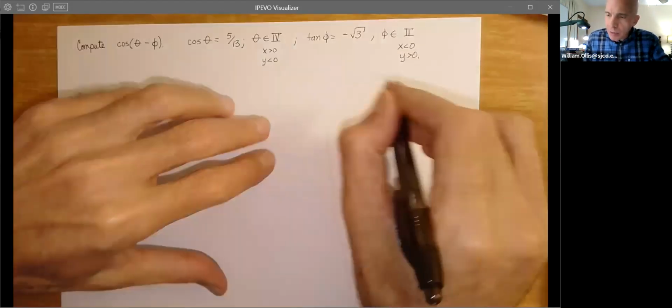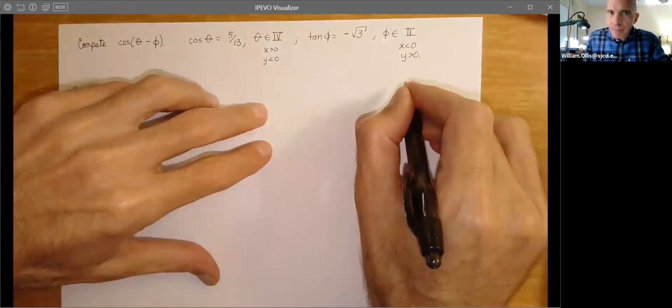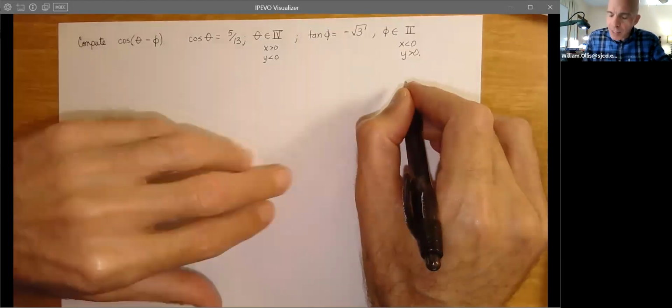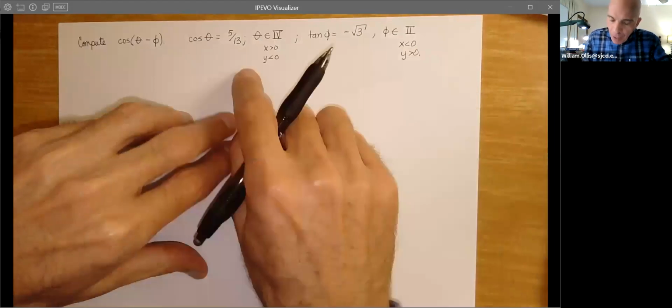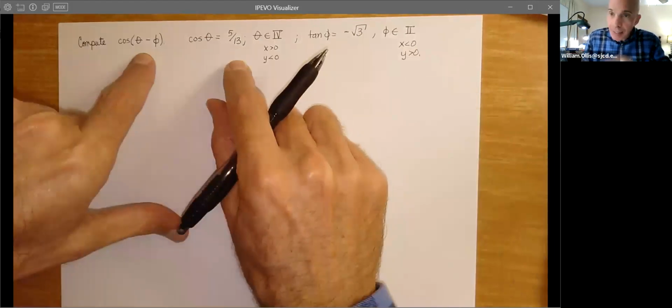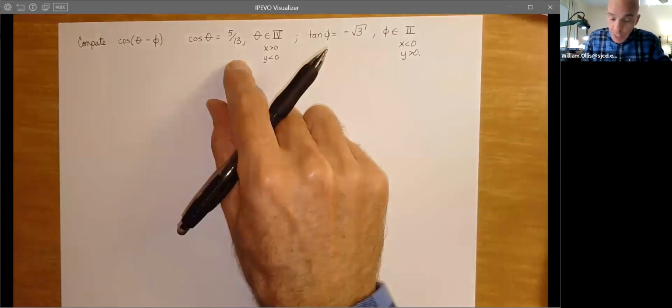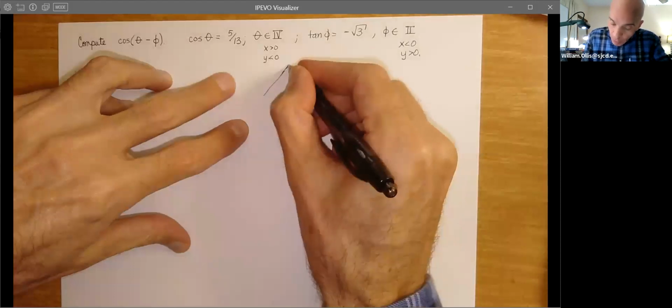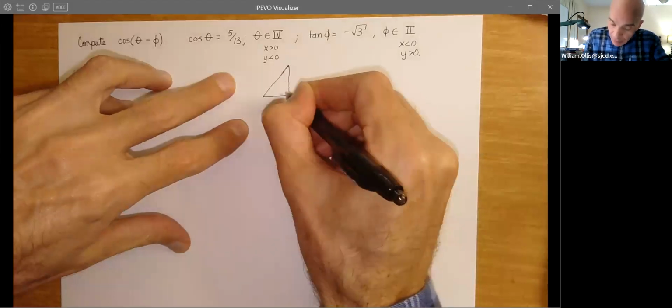So we just keep track of what we need and use what we need when it gets us to the next step of the problem. Now, when we look at this, we know that we're going to have sines and cosines in the subtraction formula or the difference formula. So let's go ahead and draw the reference triangle for each of these.